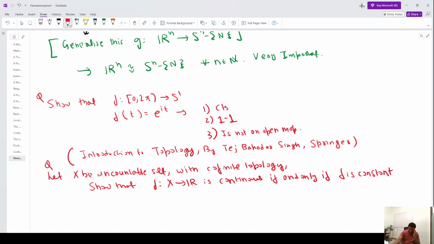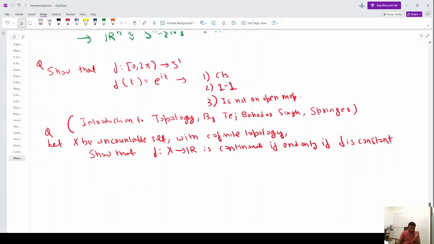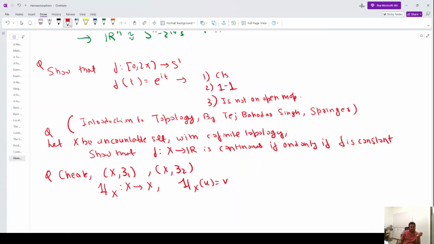Okay, and one more problem, then I will definitely stop. This is also very nice and important. Check. See, you have X with tau 1, X with tau 2, same space, two topologies, and you have this identity map. It sends small x to small x.